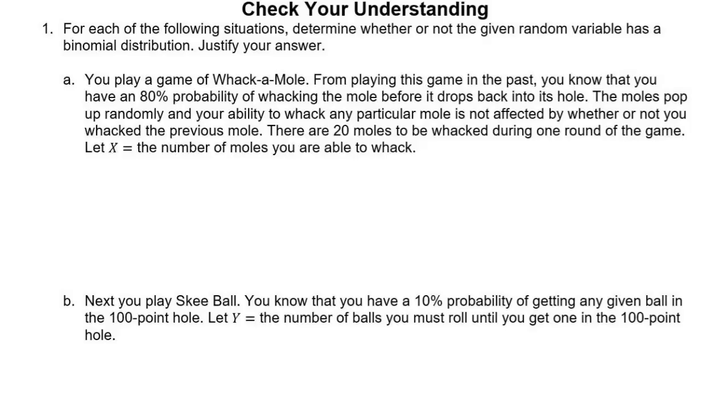From playing this game in the past, you know that you have an 80% probability of whacking the mole before it drops back into its hole. The moles pop up at random, and your ability to whack any particular mole is not affected by whether or not you whacked the previous mole. There are 20 moles to be whacked during one round of the game. Let X equal the number of moles you are able to whack.